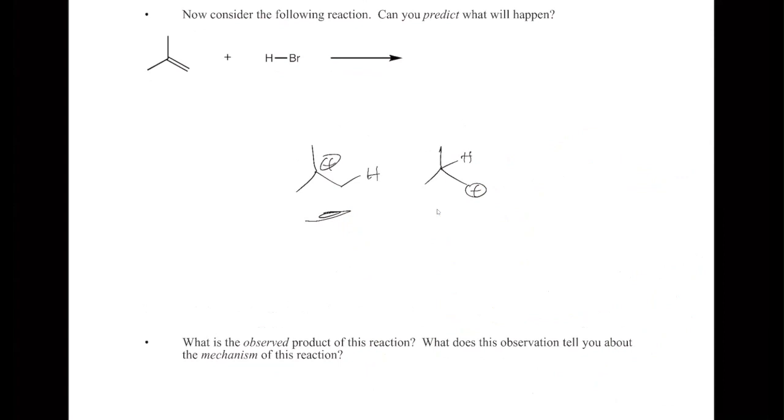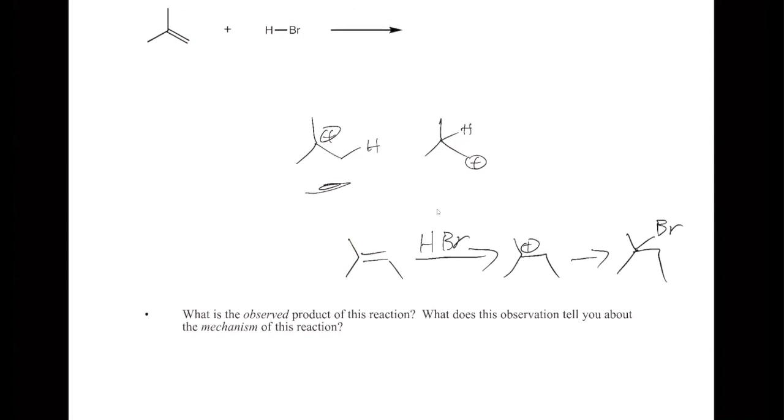So for a random unsymmetric alkene, for example like this, if you use an addition reaction, the reaction is going to go in a way that the intermediate is more stable, which means that the carbocation needs to be placed on the more substituted side compared to the less substituted side because of hyperconjugation, which means that the bromine will be added at the more substituted side.